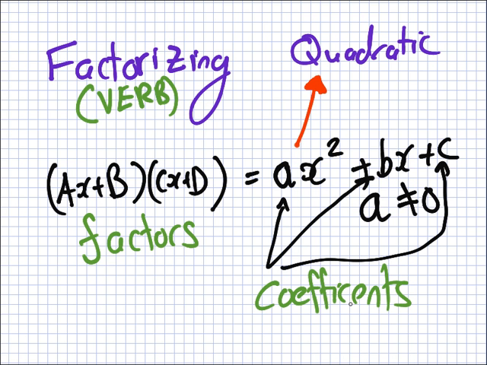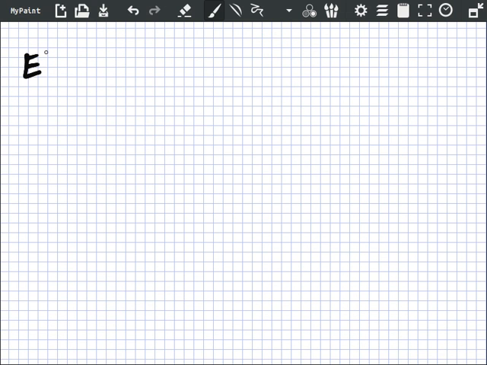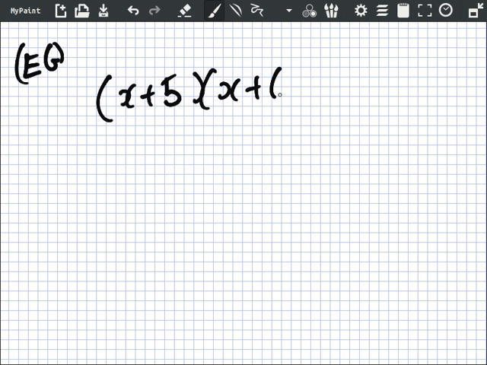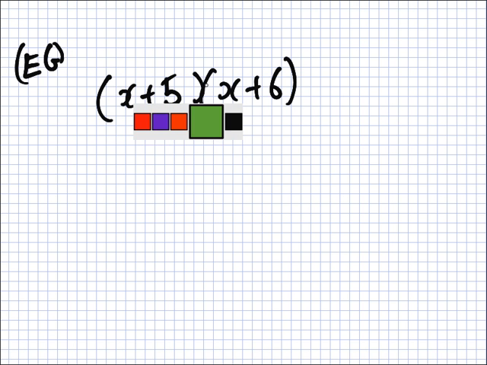Okay? So the first example, I just want to look at multiplying. Let's say x plus 5 times x plus 6. I just want us all to practice multiplying this out. The order here is not too important.